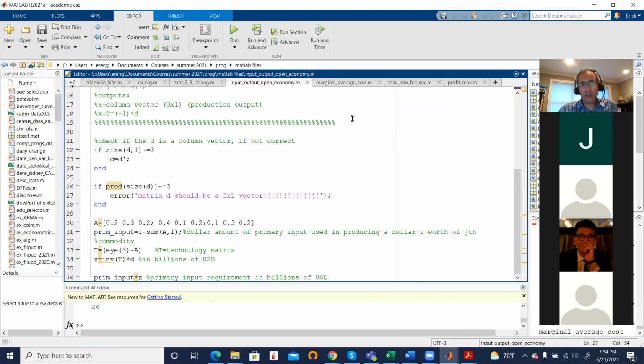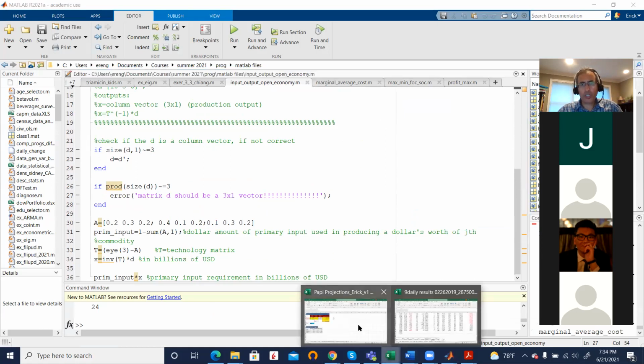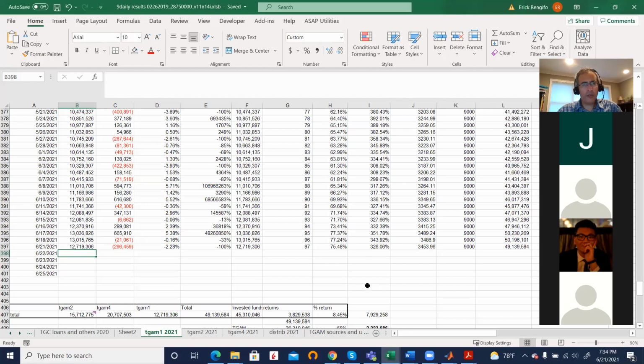Once you understand this model, please run it and see if it works. But understand the logic, you need to understand the logic. If you have questions, ask me, okay, I'm here.